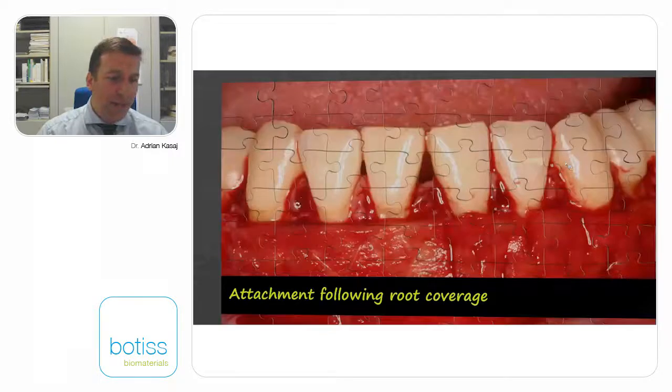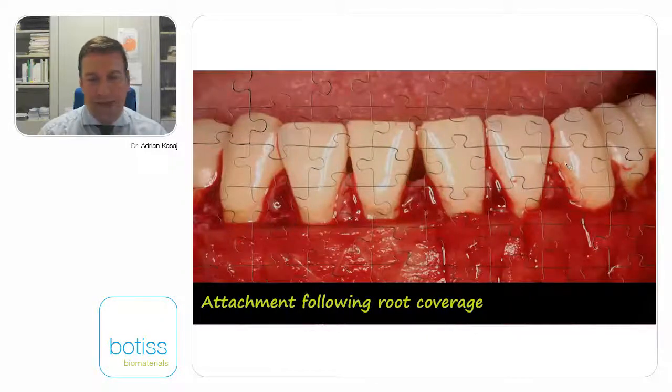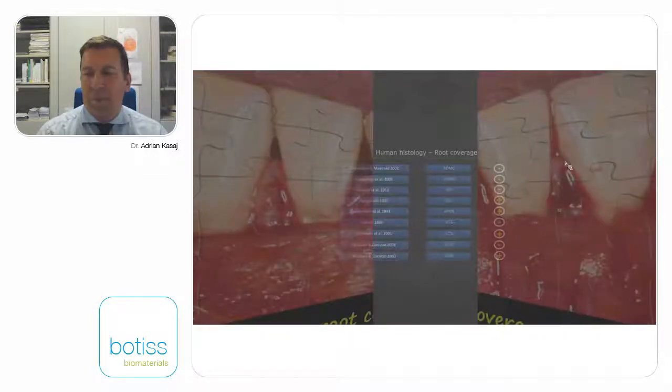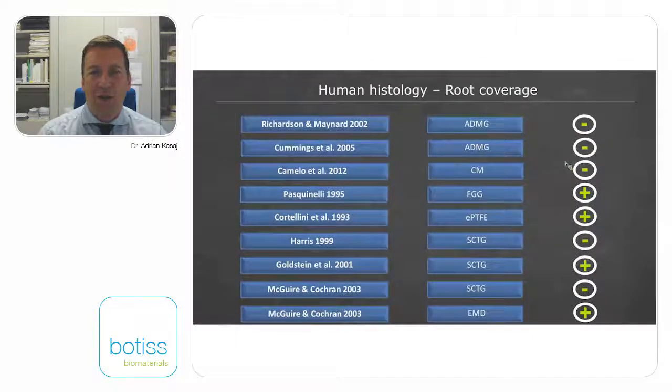So let's take a look at the quality of attachment following the different root coverage procedures. And there are some case reports with human histology following root coverage procedures. Here are two case reports following the use of alloderm.